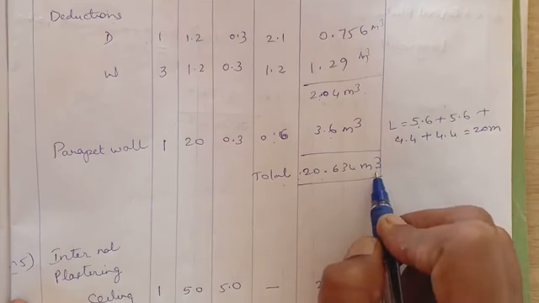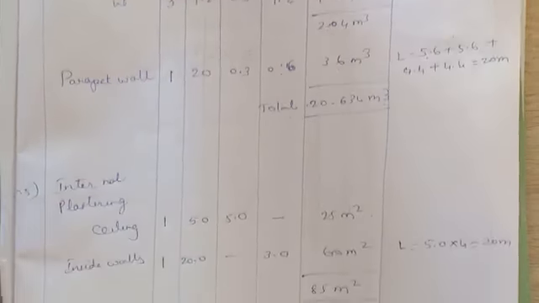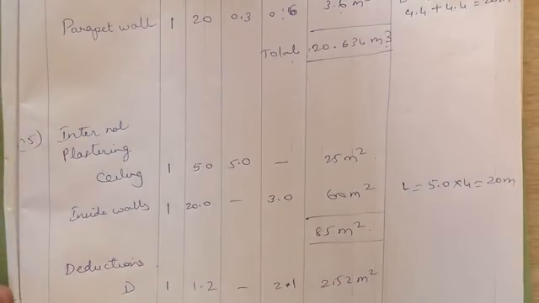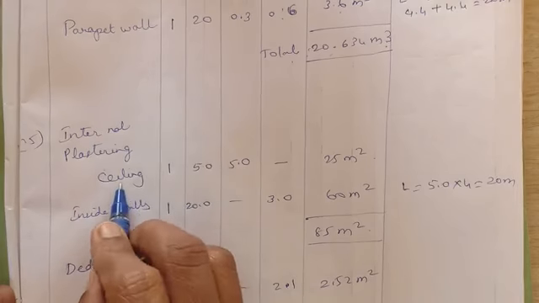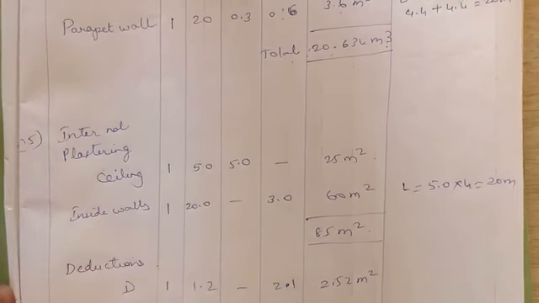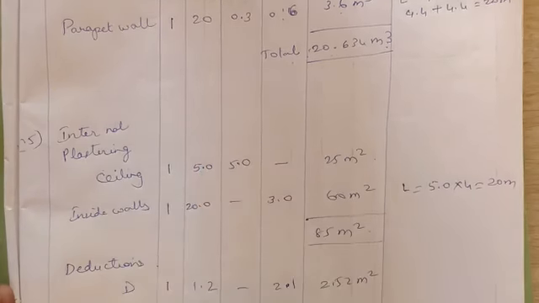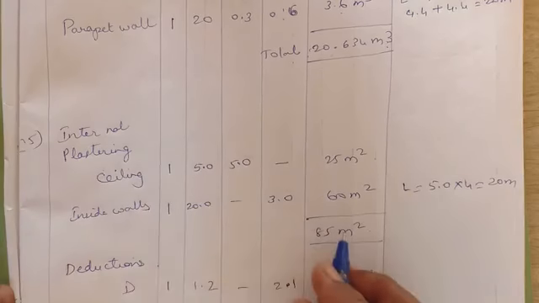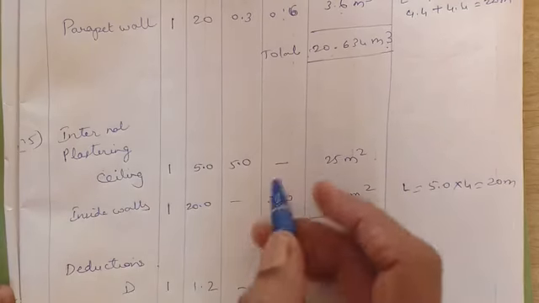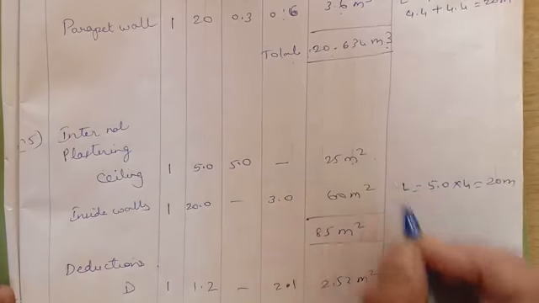meter cube. Our next calculations, after construction of the wall, we will have to do the internal plastering. So when we go for the internal plastering, our first one will be the ceiling. Ceiling plastering we have to do. So the size of the room is 5 meters by 5 meters. So 5 into 5. One ceiling is there because it is a single room and we are getting 25 meters square.